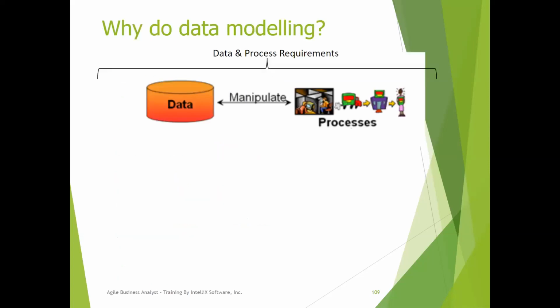So why bother doing data modeling? As I talked about, all of the processes are essentially steps that manipulate the data. Data is the key aspect when you look into the intellectual property of any system or any corporation today.